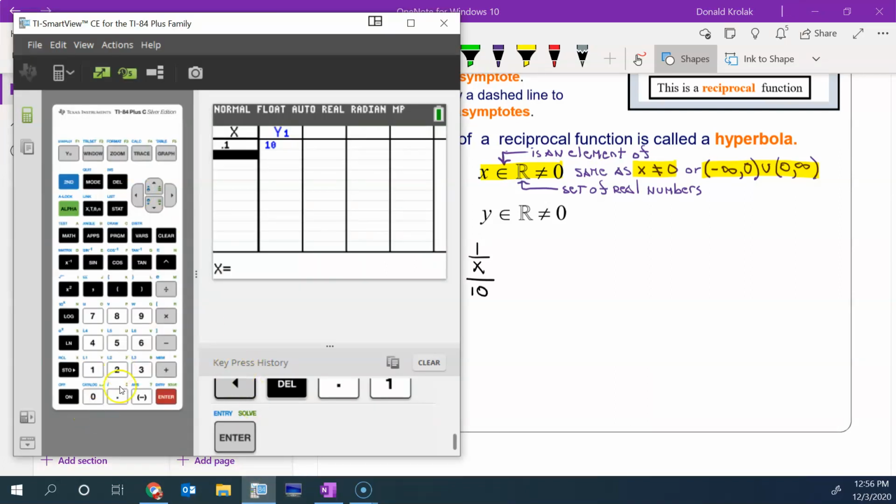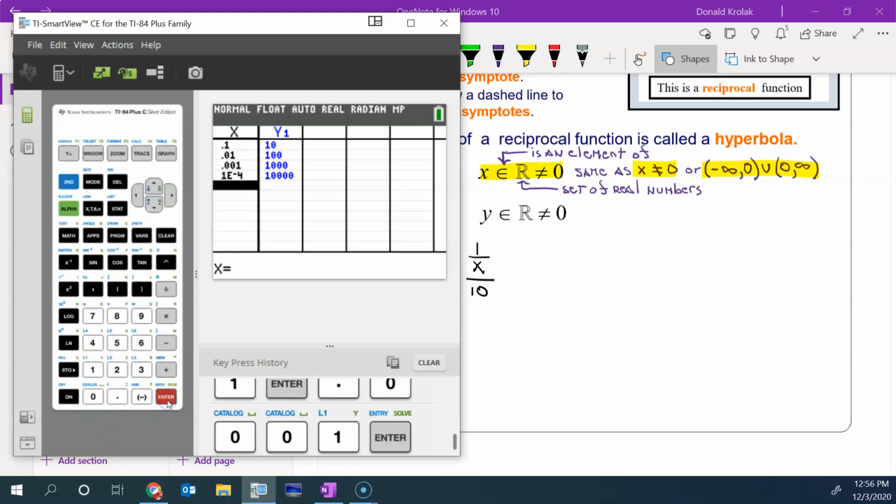I'm going to pick a smaller number. What about 1,000th? So I keep putting smaller numbers in, but when I put them into the reciprocal function, they start getting really big. That's 0.0001, this one right here. And you can see now the number's getting bigger and bigger.